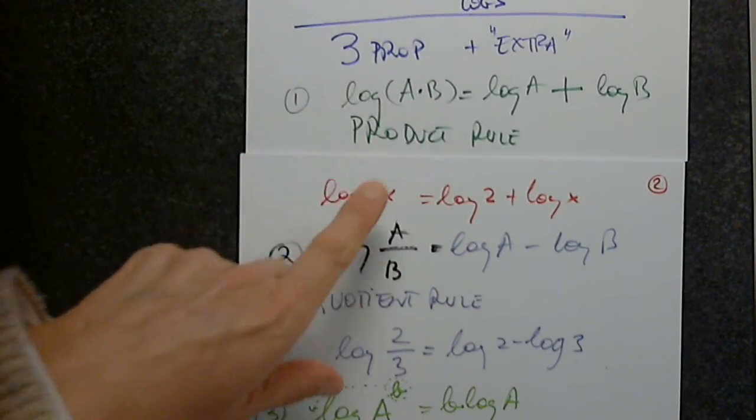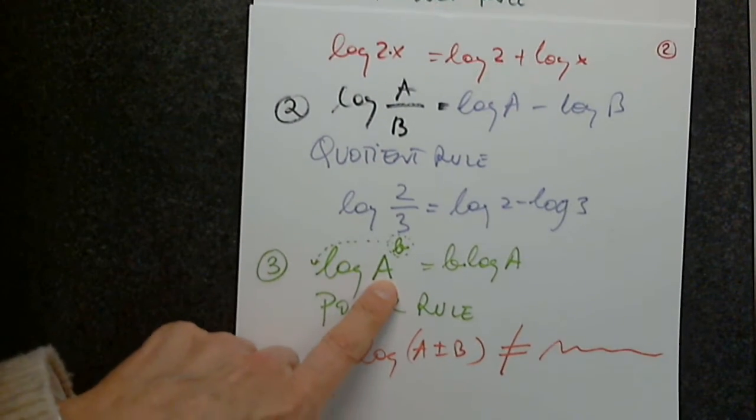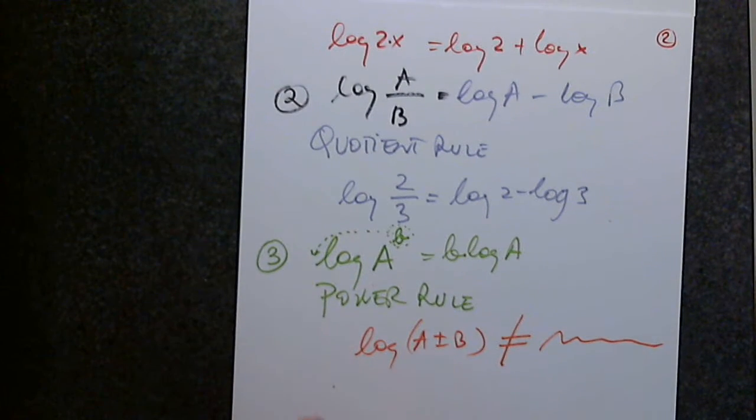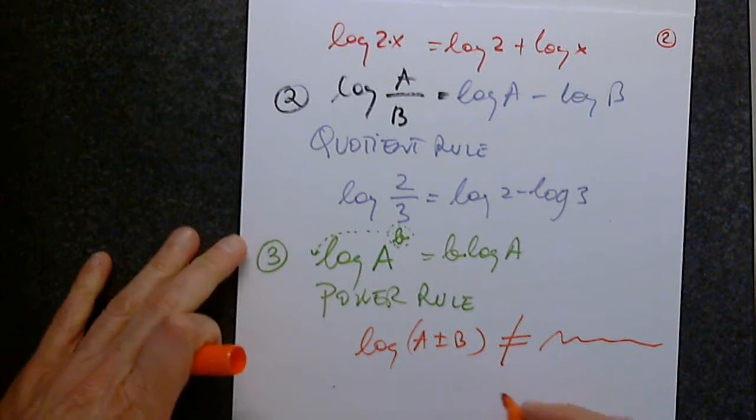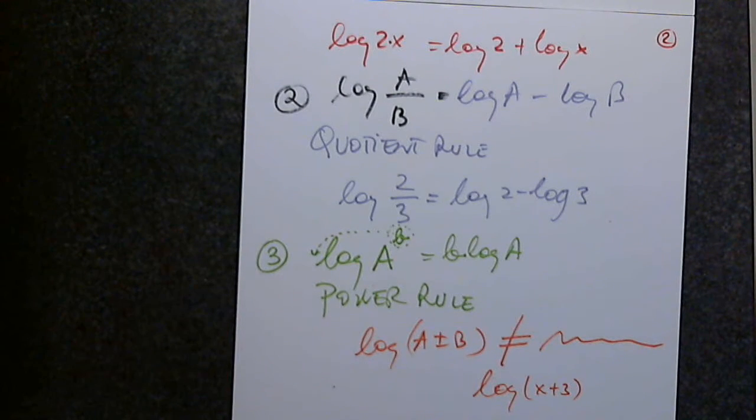You can apply log to a product, log to a ratio, or log to a power. Log applied to a sum or difference does not exist in the sense that I cannot simplify it. It exists, but I can't simplify it. So if you ask me to simplify log of x plus 3, I'll say sorry. That's all I can do. There is no property that allows me to rewrite this in any way.